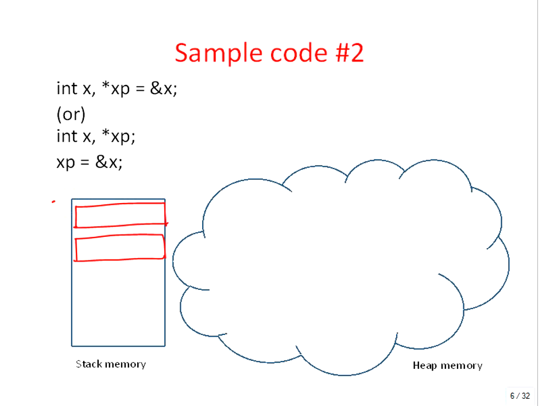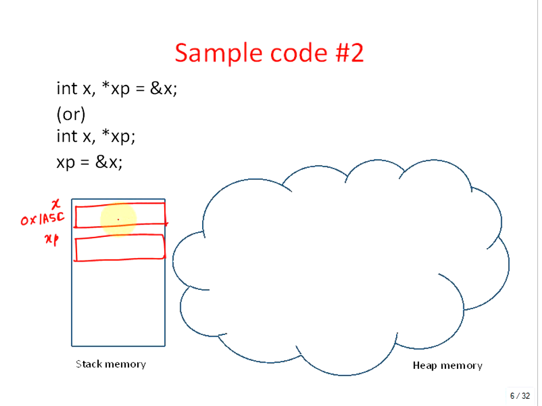Let's say this is x and this is xp, and let's say the address of x is, I'm just going to come up with an address, 1A5B. Good address? I think B is 11, isn't it? So C is a better address, I think.